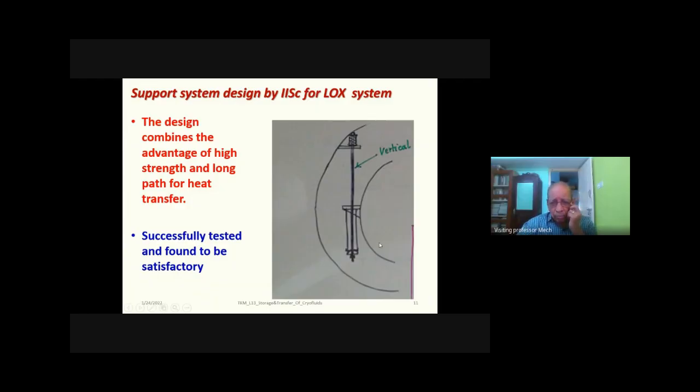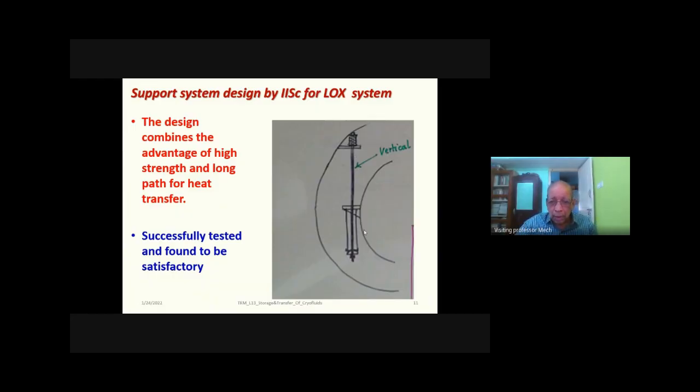This support arrangement uses a fairly long length of rod because the concept is that it should have enough strength and also a long length of heat transmission, that is, from the outer vessel to the inner vessel. The path length of the heat transmission is quite long.